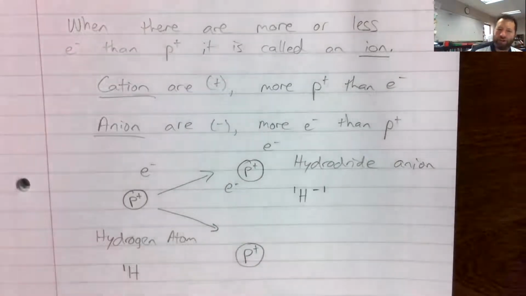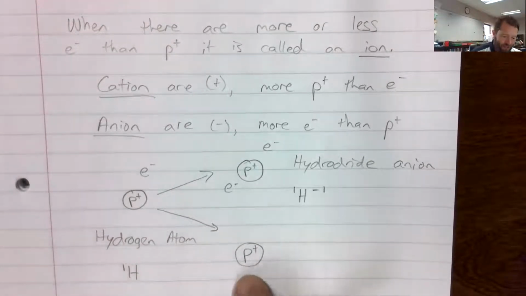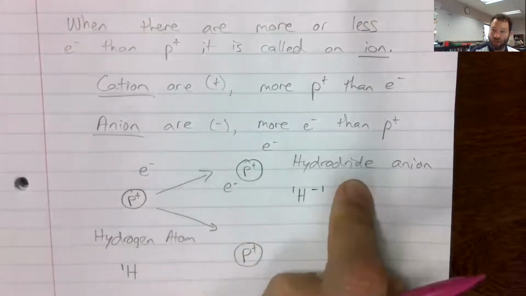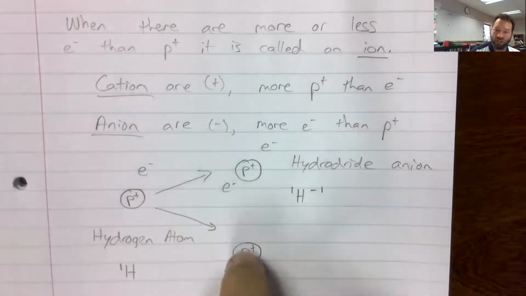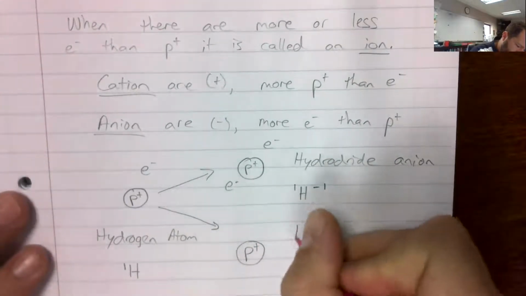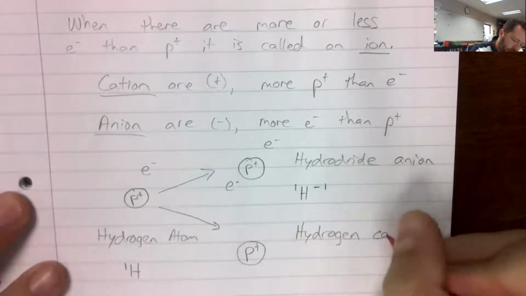As I was mentioning earlier, hydrogen is kind of a special atom because he can gain an electron, become hydride, or he can lose an electron. So no electrons on this one, and this one would be a hydrogen cation. So here's your cations.